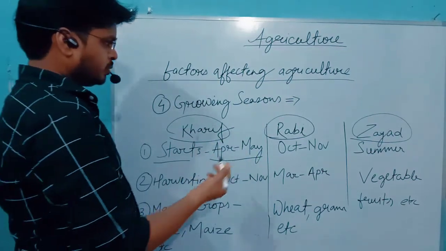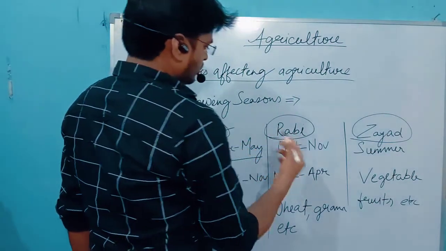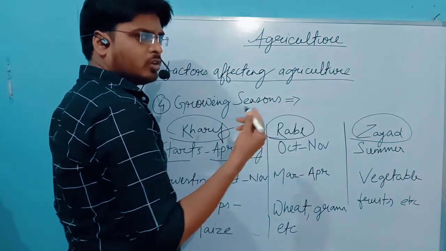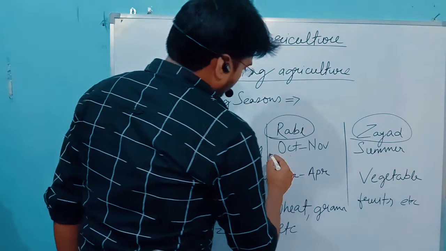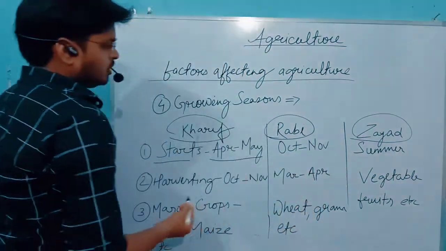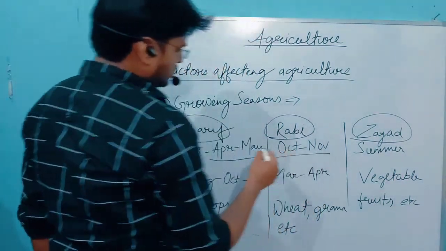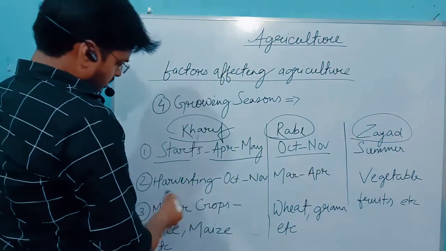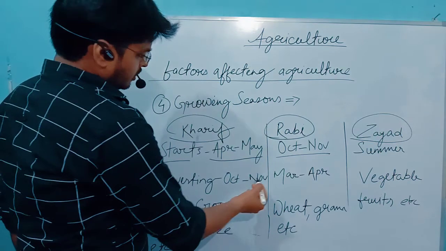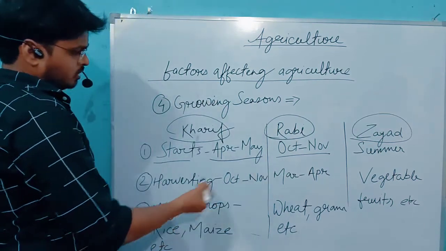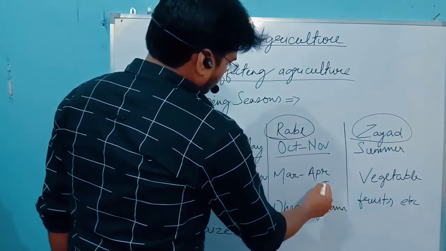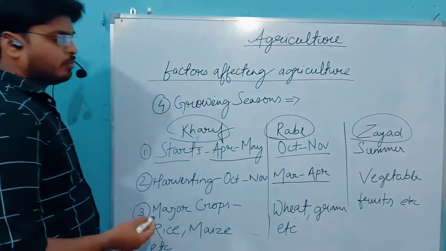Whereas if we talk about Rabi crops, sowing of crops starts at the end of October or the start of November. So this is the month in which the Rabi season starts. Harvesting for Kharif is done in October and November, and for Rabi crops it is done during March and April.